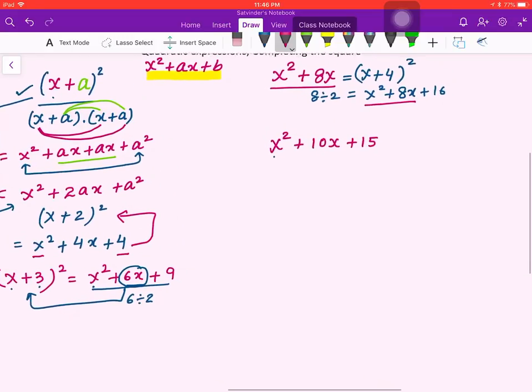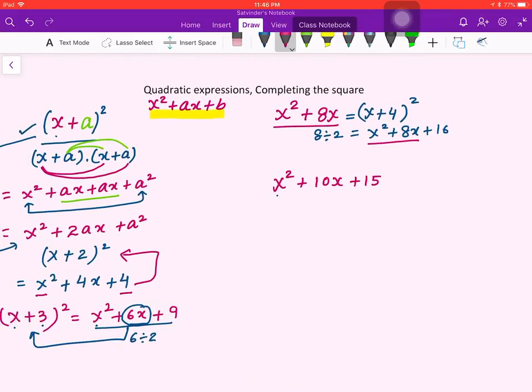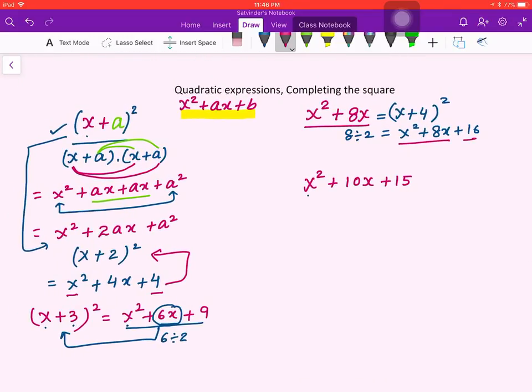It means you need to rearrange it. If you remove 16 from this whole, you should get that. So we'll rewrite x squared plus 8x plus 16 minus 16. This is very important, why I'm writing plus 16 and minus 16: to make three terms.